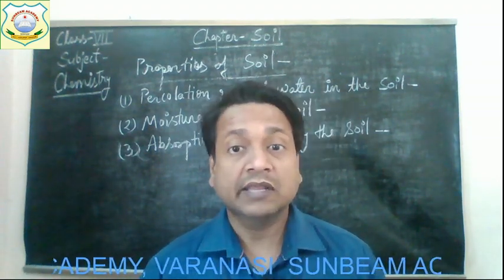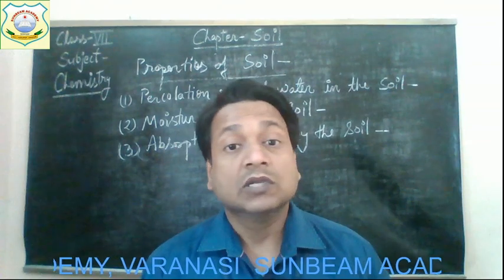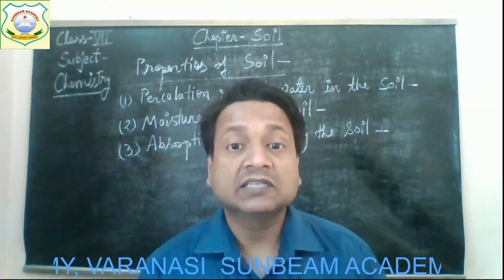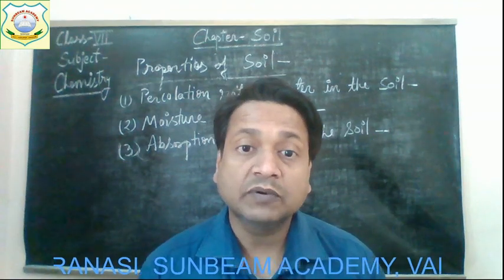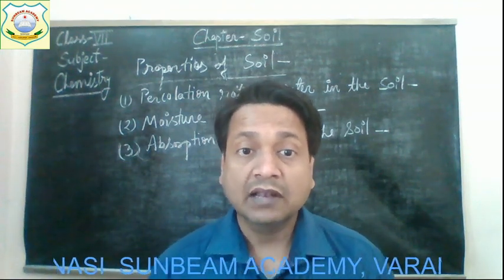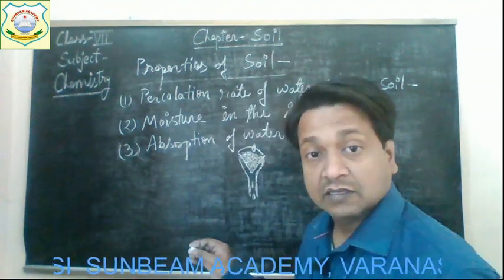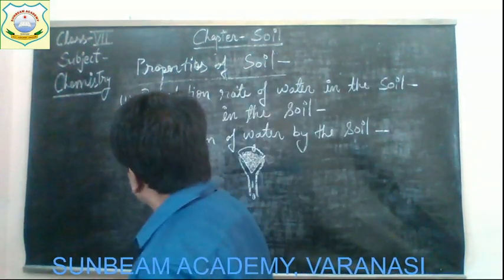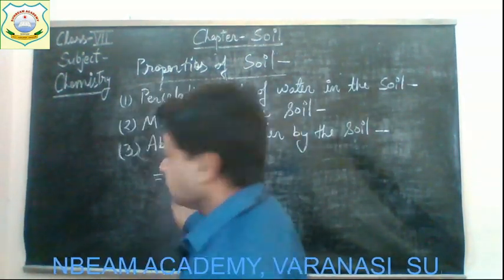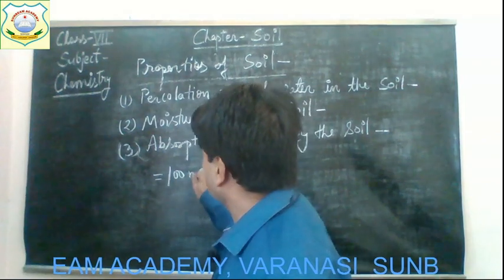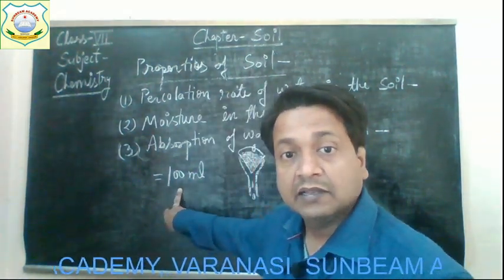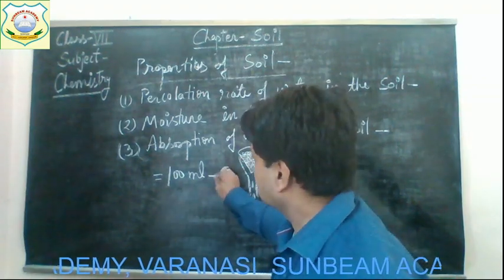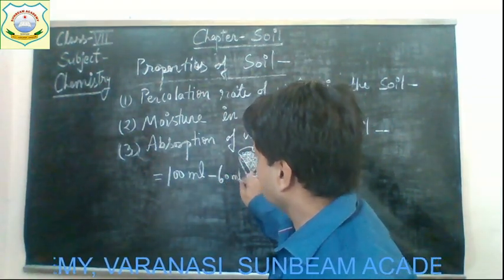How much water is left? So suppose that it is 60 ml. Alright. So how much water is absorbed by 50 grams of soil? We can say that we have taken 100 ml of water in the starting and left 60 ml.